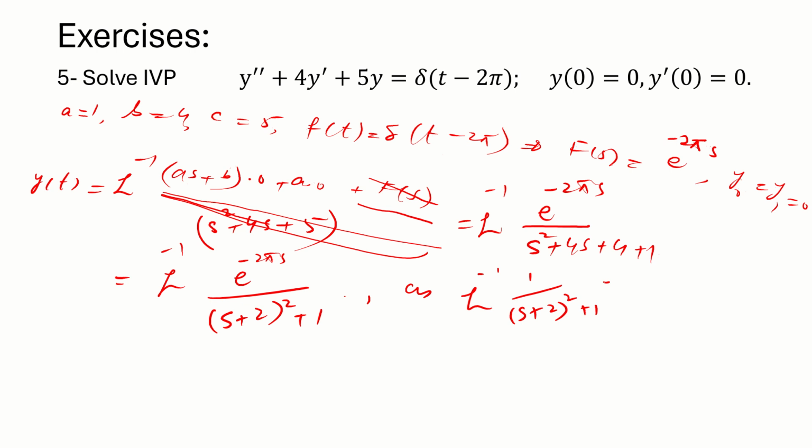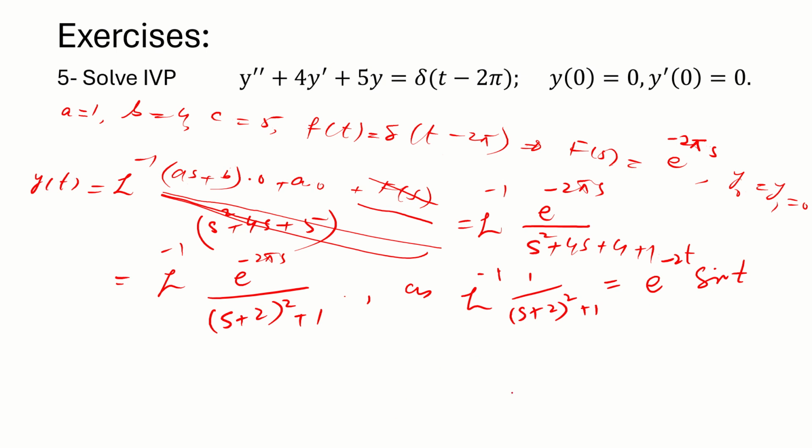Using the first shifting theorem, it will become e power minus 2t into sine t. In general, the Laplace inverse of F of s minus a is e power at into f of t.